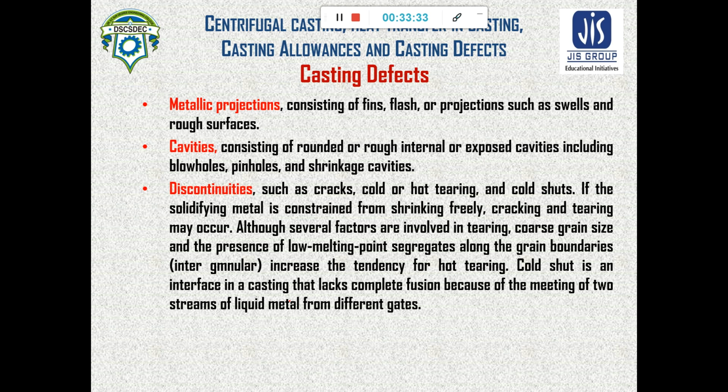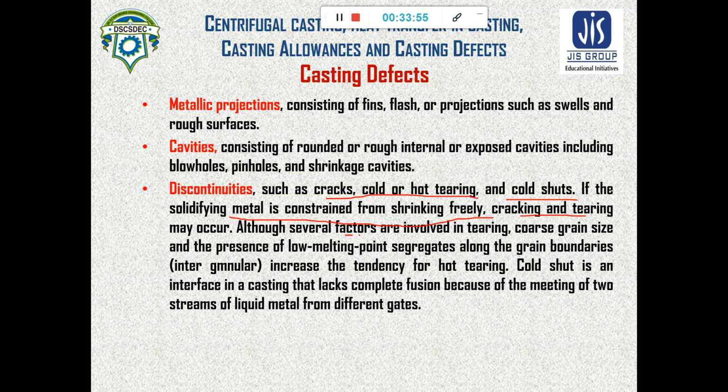Third is discontinuity. Discontinuities mean cracks, cold or hot tearing, and cold shut. So why do they occur? If the solidifying metal is constrained from shrinking freely, then cracking and tearing may occur.